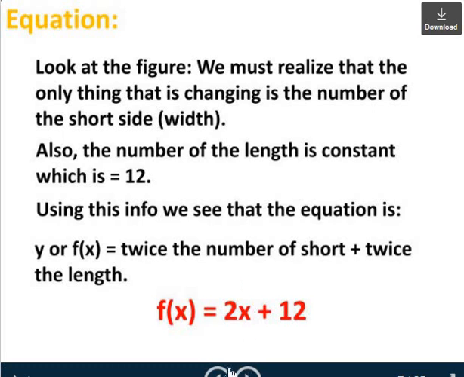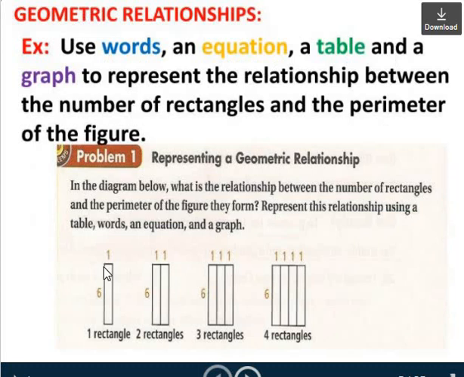While, if you look at x, it is the number of the rectangles. Now let's go back. In the first rectangle, you add 1 plus 1, the width and the other width, which is 2. So it's 2 times 1, because 1 is the first rectangle, which gives 2. Now in the second rectangle, I have 2 rectangles, so I have 1 and 1, so the width becomes 2.